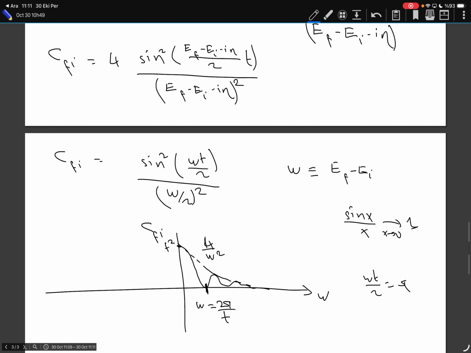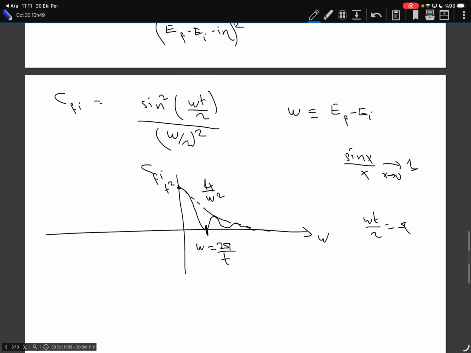You see, omega is, in a sense, the violation in energy, E_F minus E_I. So you see here, if you call this length delta E, that width, delta E times delta T, which is just, let's say, t, is somewhat around 2 pi.